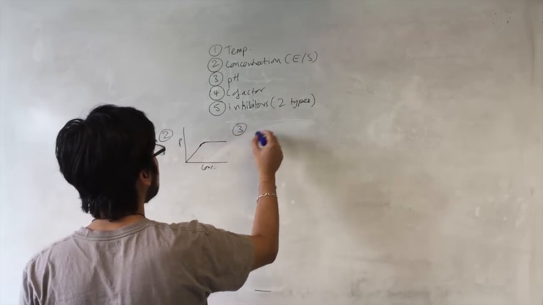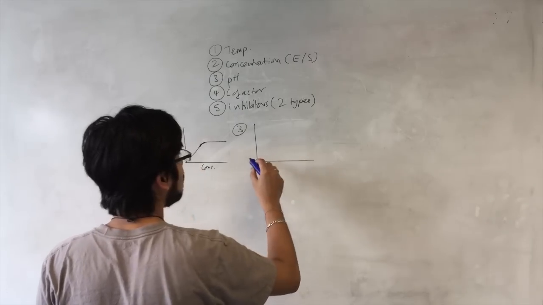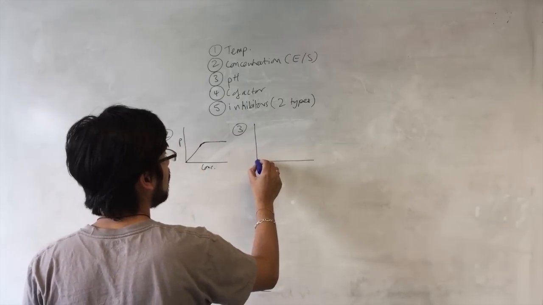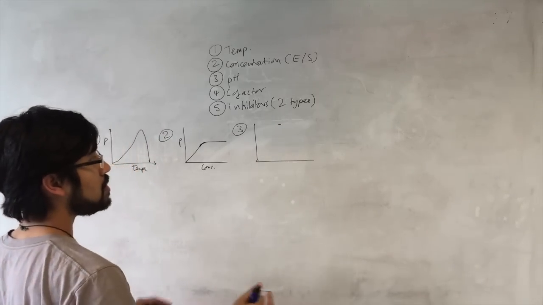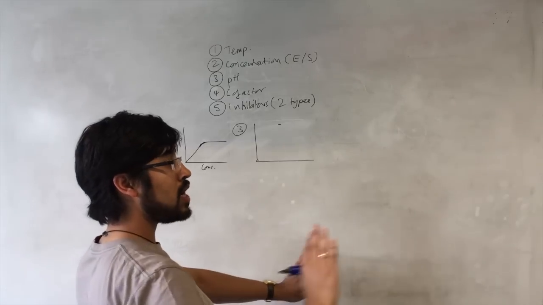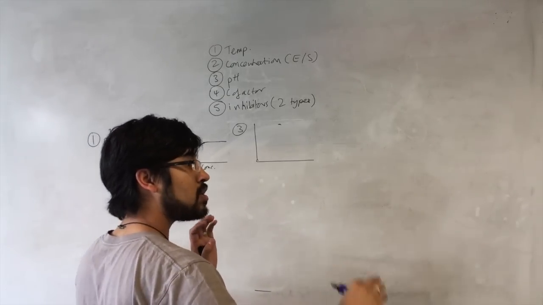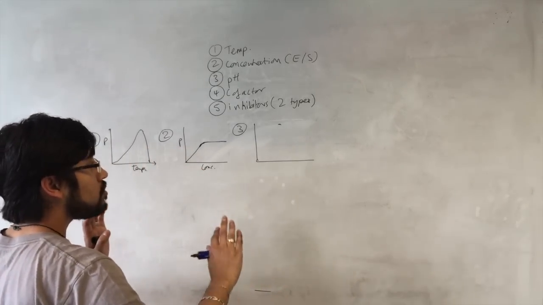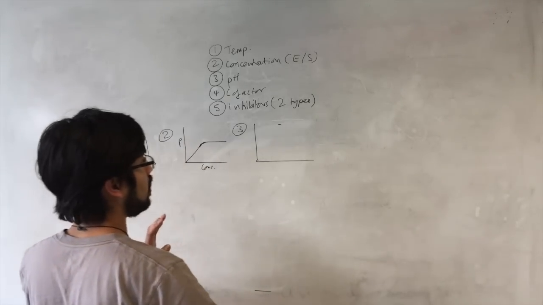3, pH. Remember, there's an optimal pH for any enzyme. That's the pH at which the balance between the OH and the H is just right for that enzyme to have just the right tertiary structure to be able to be complementary to its substrate at the active site.